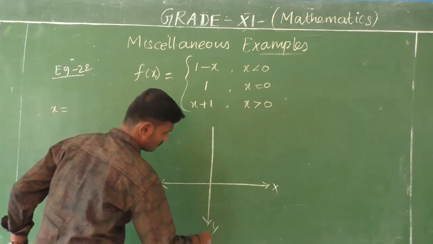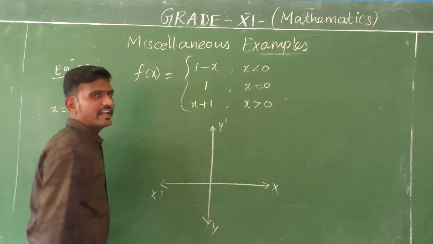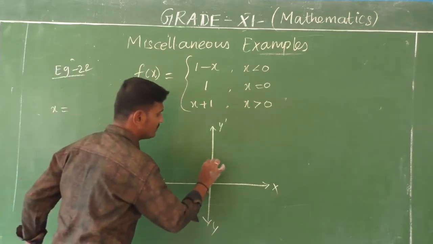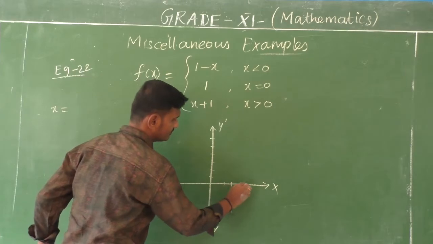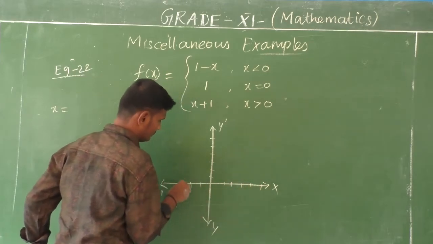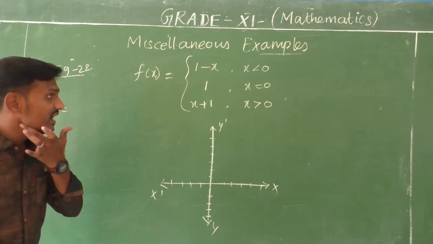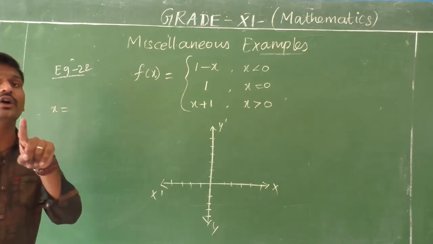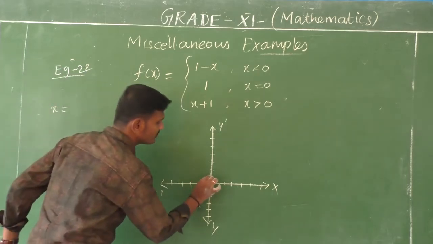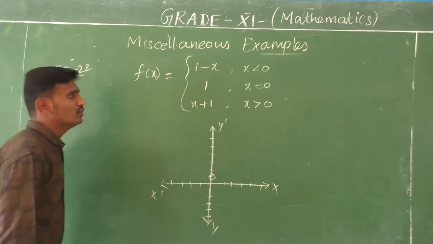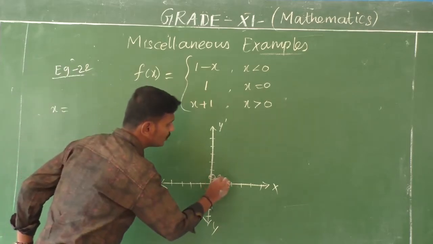Now the first point, x equal to 0 means the value of y is 1. So the point is 0, 1.